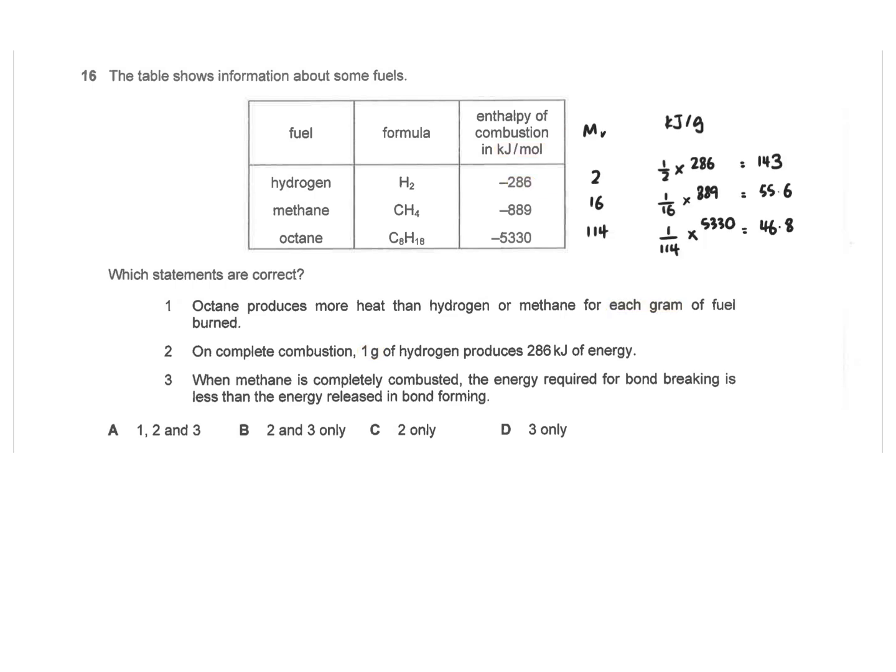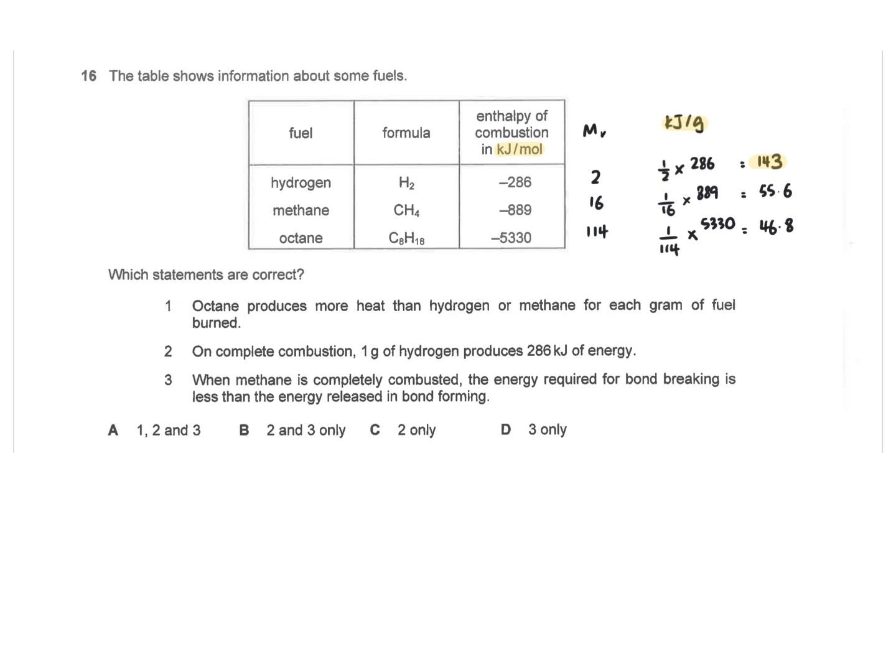I've done the calculations over here. You can see that I have converted the enthalpy changes from kilojoules per mole to kilojoules per gram. This means that, for example, for each gram of hydrogen undergoing combustion, I will get 143 kilojoules of heat released.